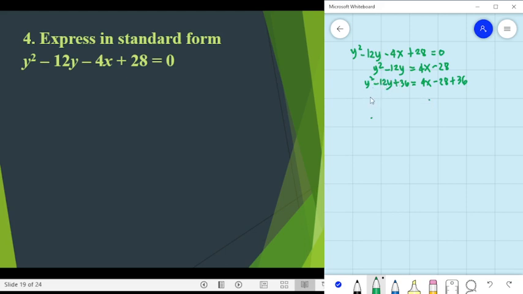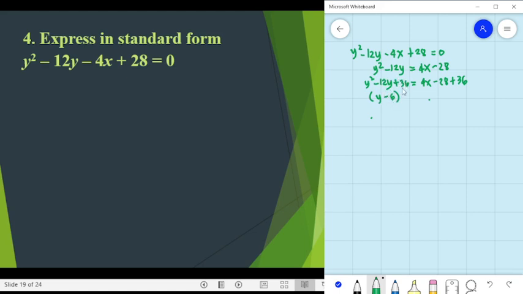Okay. So factoring, it becomes y minus 6, the answer from dividing the negative 12 by 2 that you put here, or your square that became 36.